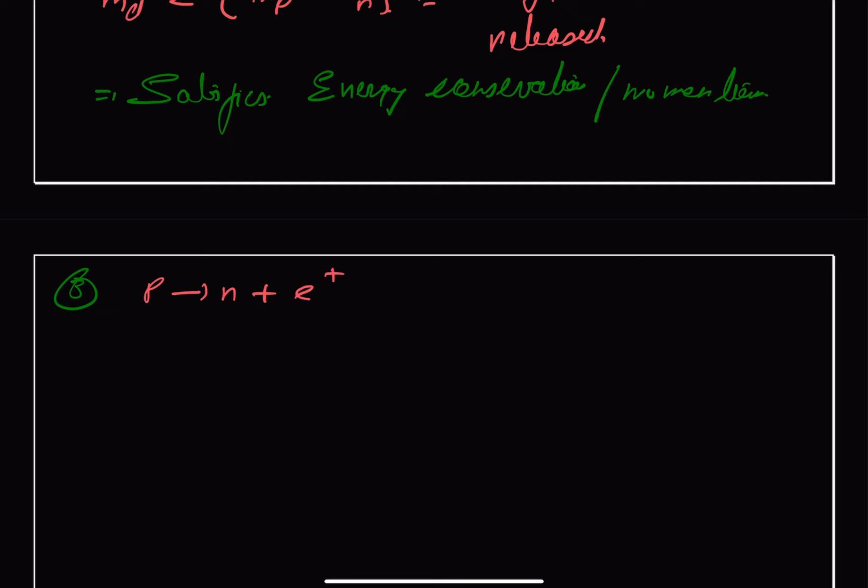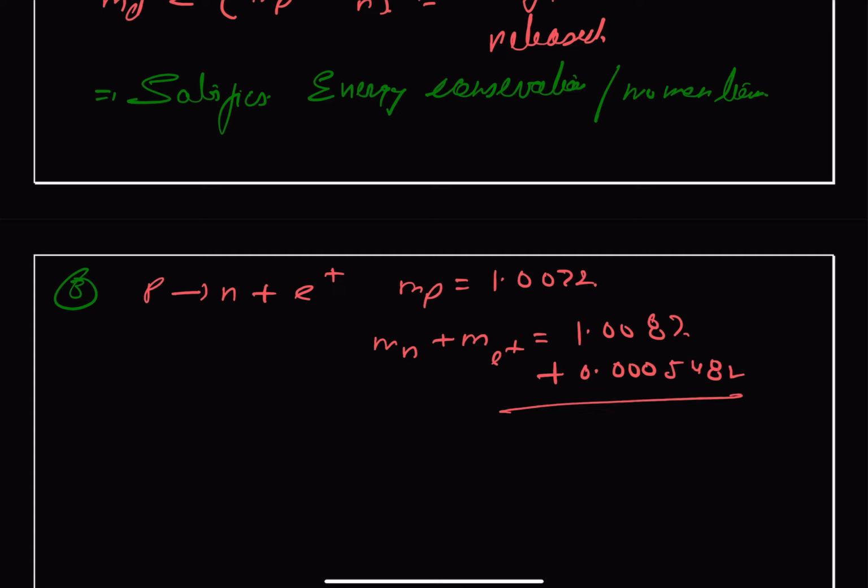In this case, our MP is 1.0072, and our Mn plus Me positive will be equal to 1.0087 plus 0.005482, and this will be equal to 1.0092.